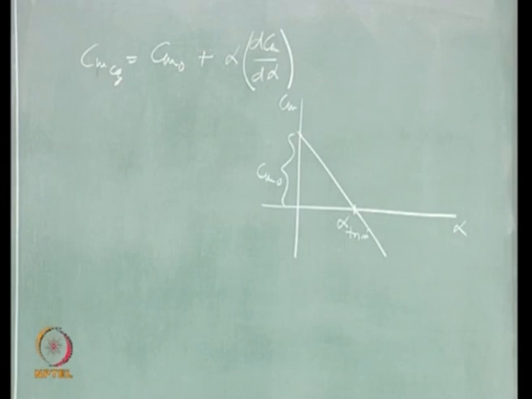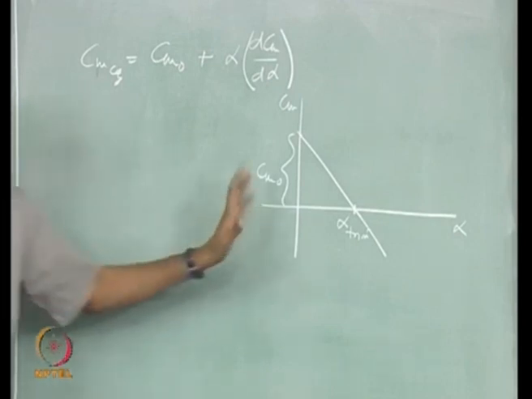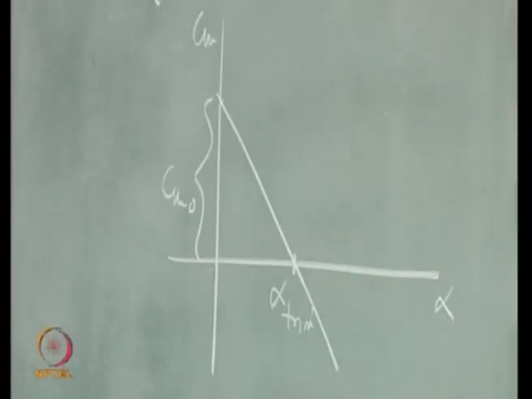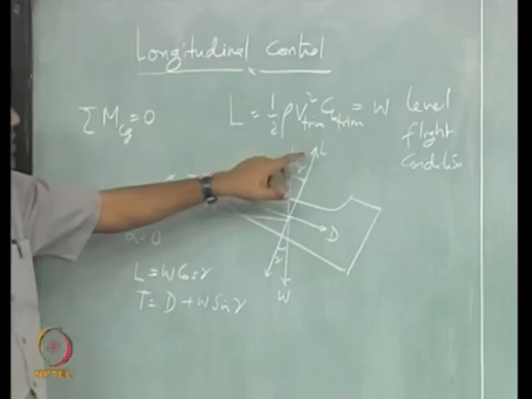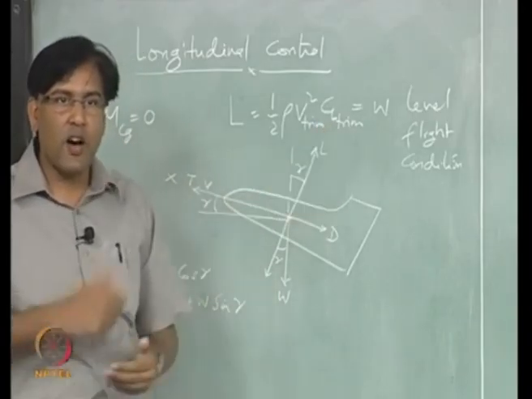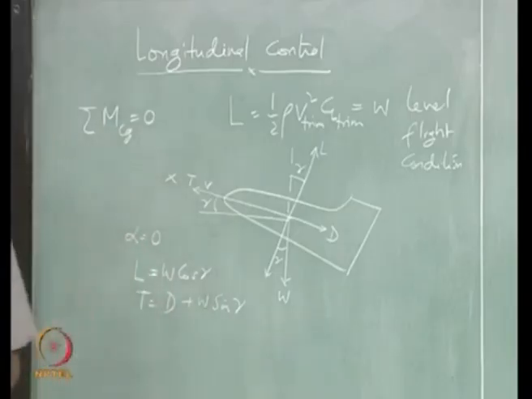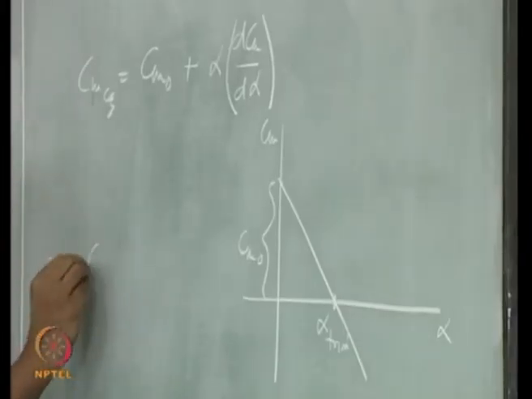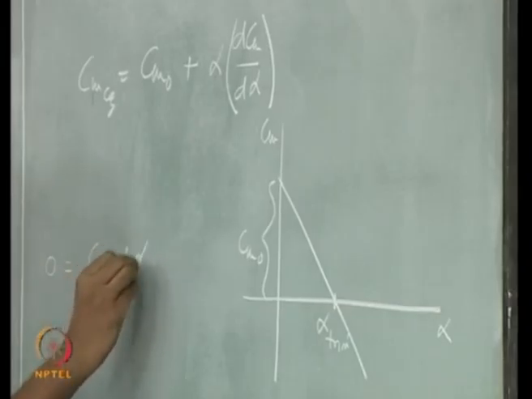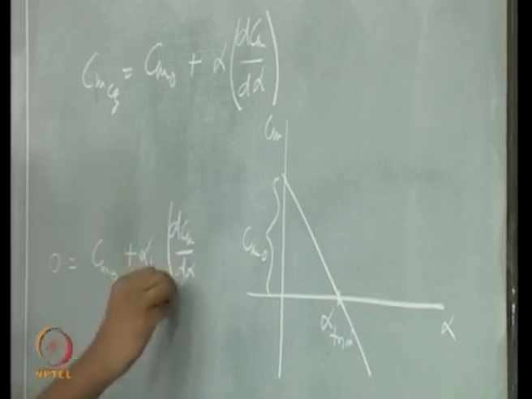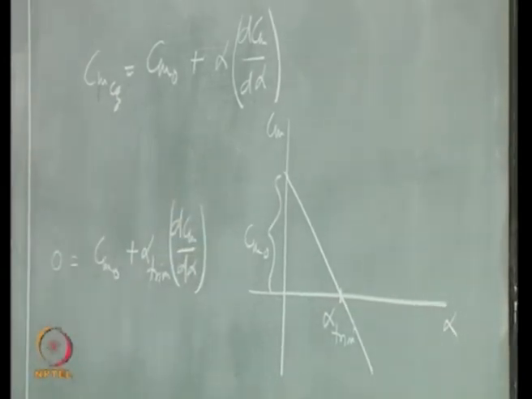If I do not change anything, okay, then this is what I am getting. Now I want to fly at different speed, that means I have to change this CL trim or alpha trim. Now the question is, how do we do that? Right, if you set this to 0, you are going to get, right.